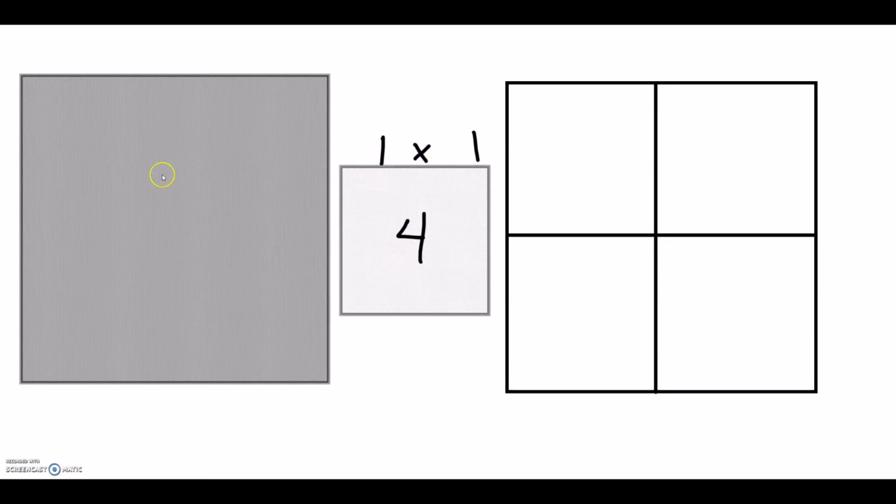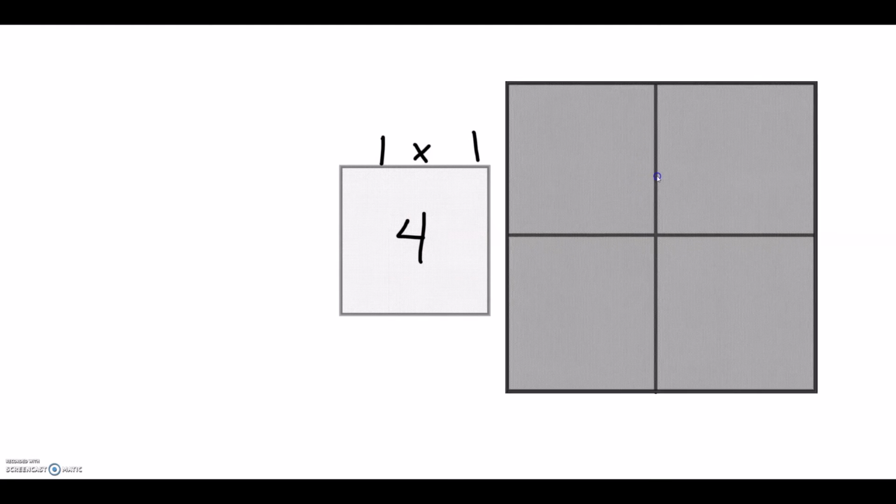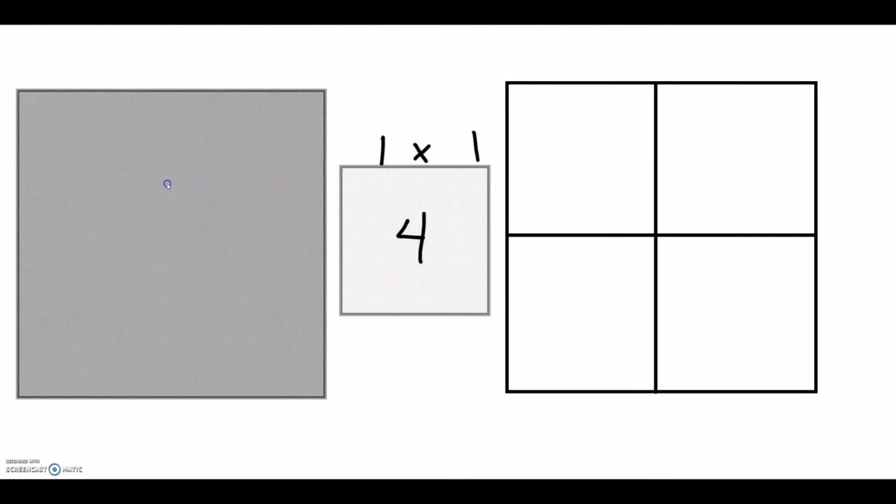This large square right here is actually a 2 by 2 square, and I only see one of them, so I'm going to go ahead and label this as a 2 by 2. It's a 2 by 2, and there's only one of them. So all together on this 2 by 2 checkerboard, we have 4 of the small squares plus 1 of the large squares, so a total of 5 squares on this 2 by 2 simplified checkerboard.